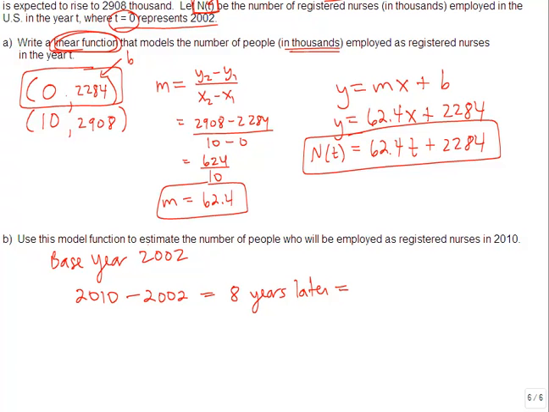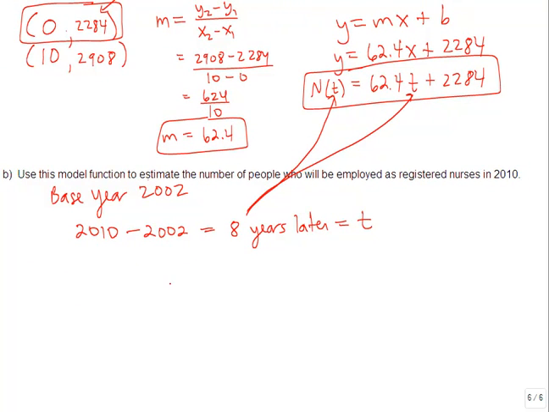And that means we want to use an input of 8 for our time t. We don't want to use 2010, we want to use 8. And I'm going to take that 8 and I'm going to substitute it in for my time. So we're just going to use this model that we just came up with and predict the number of nurses in 8 years. So that's going to be 62.4 times 8 plus 2284.